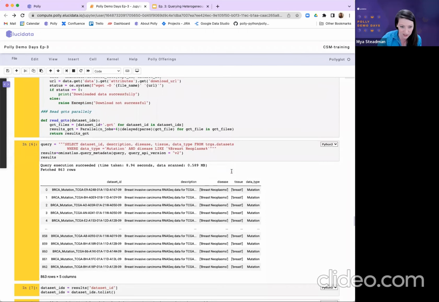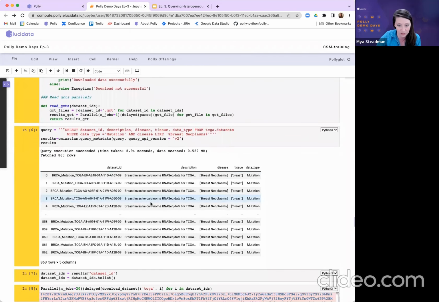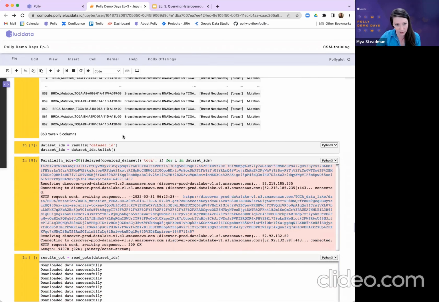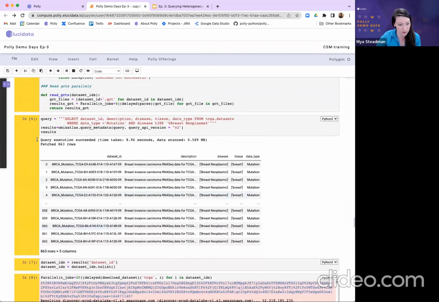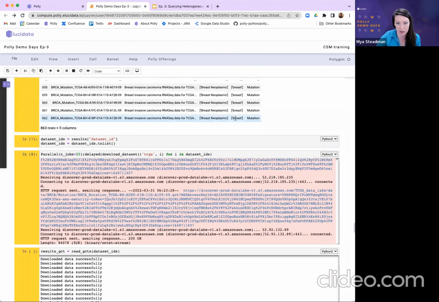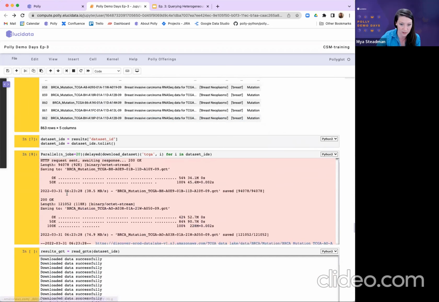Now I'm going to pull that out and print it. This is the same search as you've seen above. We are just redefining the terms here. I found my data sets that have breast as the tissue, breast neoplasms, mutation, and I'm going to download all of those data sets.